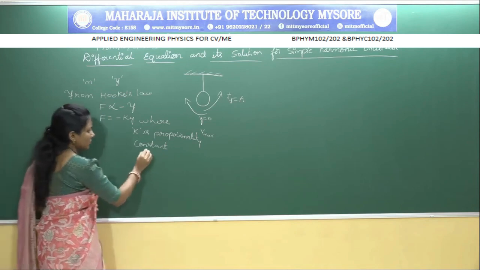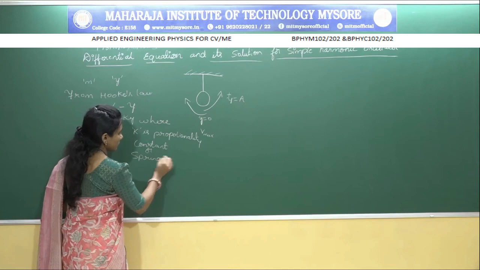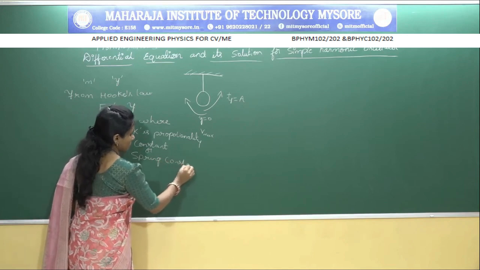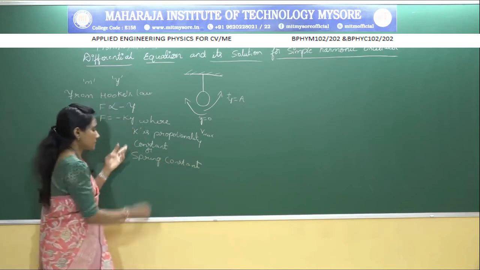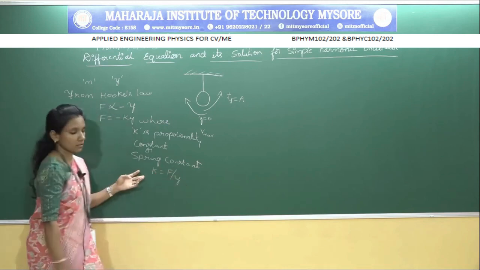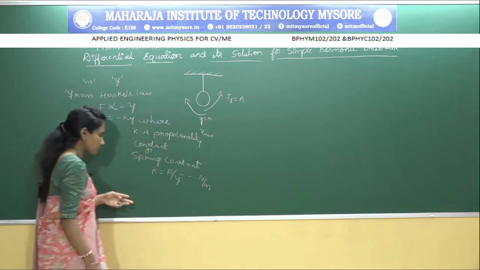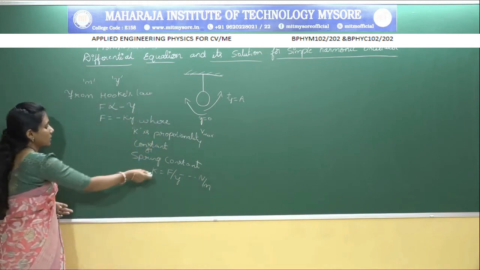The spring constant can be defined as force per unit displacement. Then what is the unit? It is Newton per meter.